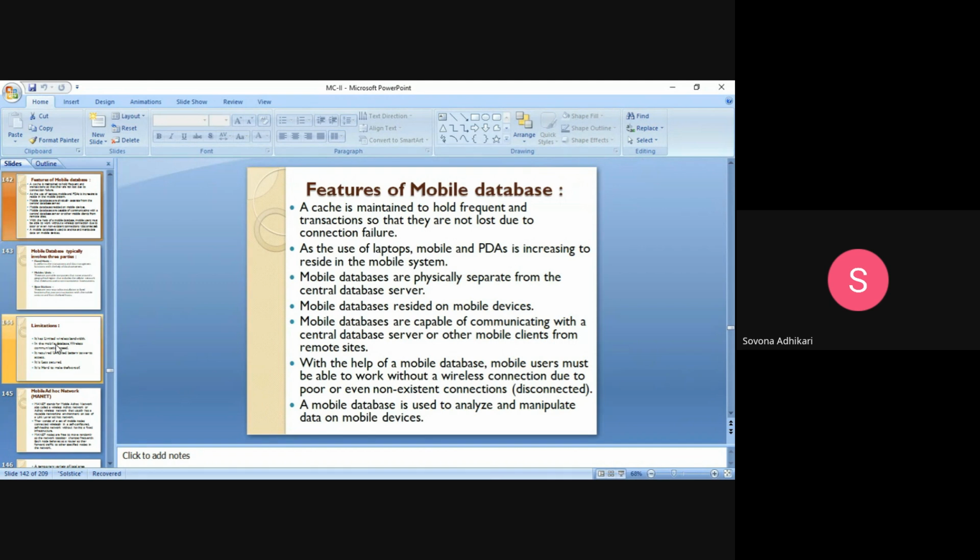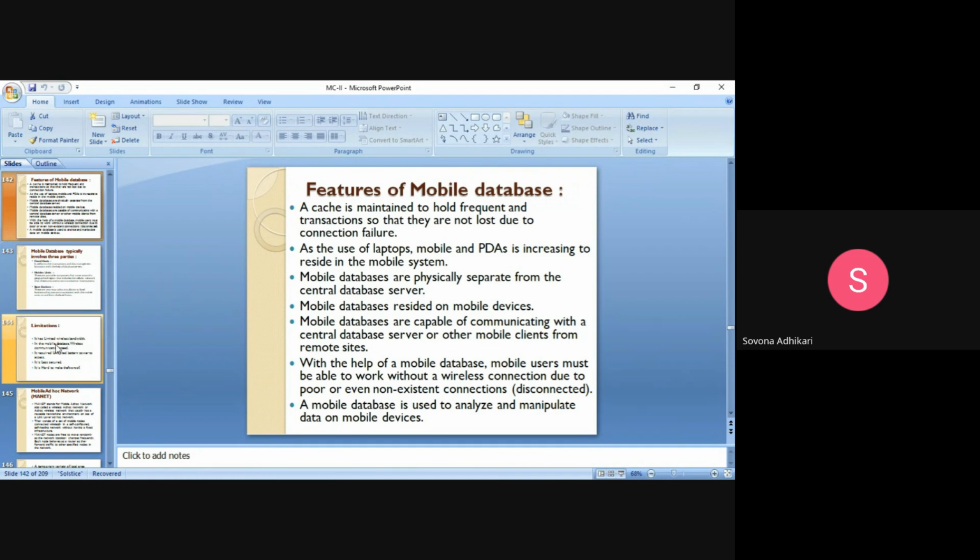Mobile databases reside on mobile devices. Mobile databases are capable of communicating with a central database server or other mobile clients from remote sites. So there is communication between your mobile database and the mobile clients or central database, the remote database.